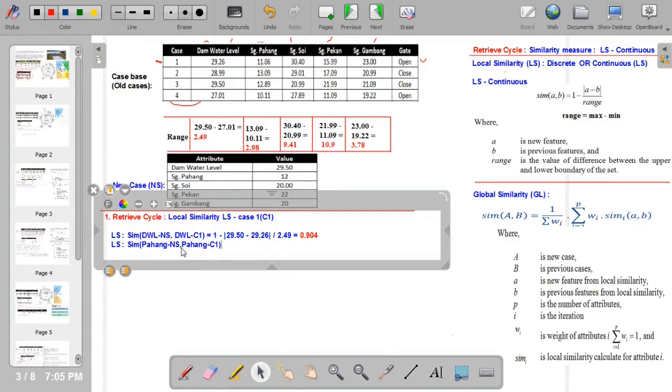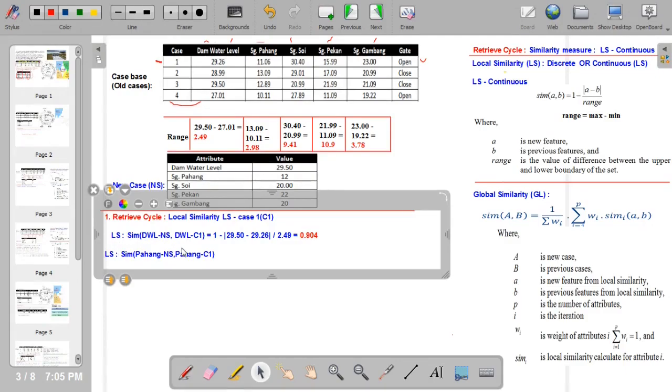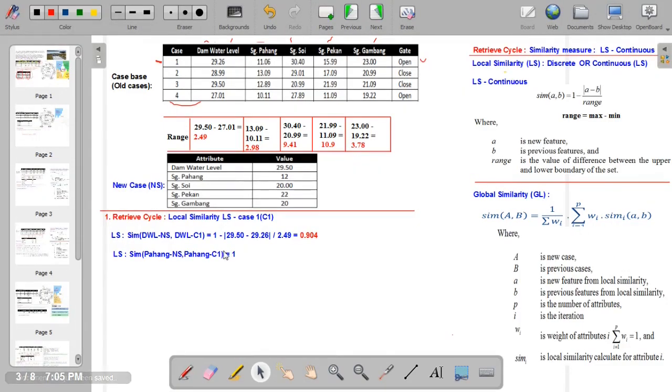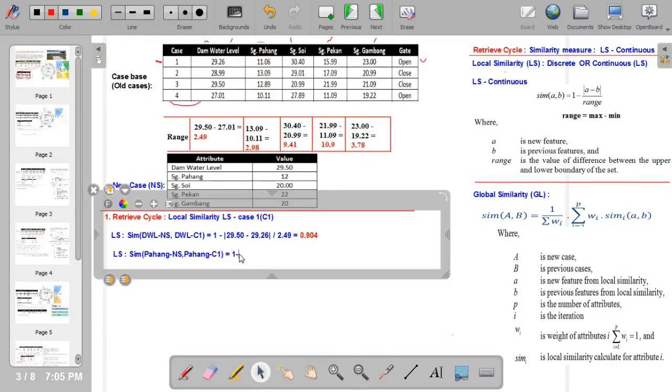So it will be equal to, let me give a space here so it will be easy for you to understand, 1 minus the absolute value of, what is the value of the Bahang attribute in the new case? Here it is.